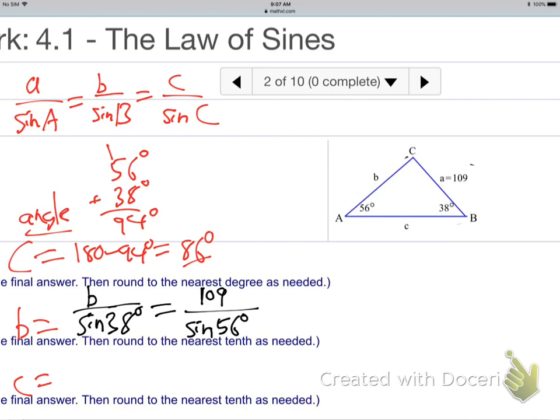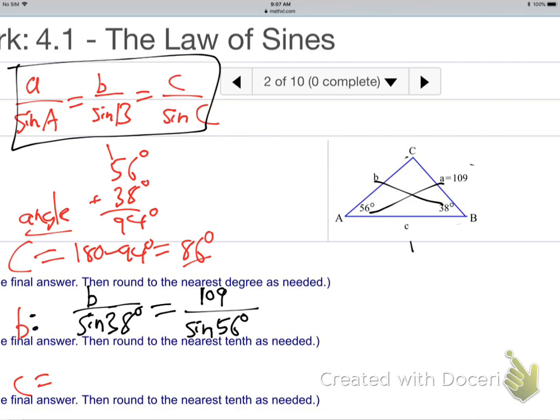Everybody seeing all that? So you just do a side and the angle opposite, a side and the angle opposite, like that. You just do two of the fractions, right? Even though the law of sines says the relationship is true for all three, we only use two at a time. So I just use those two, and now I can solve for the little b here.